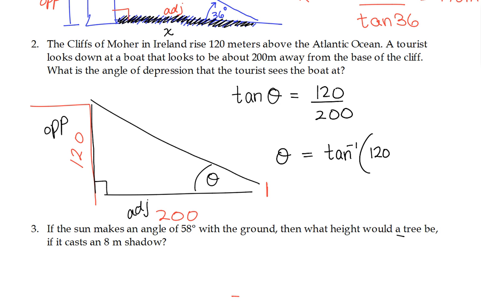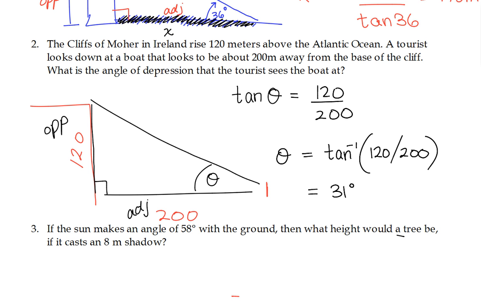In some calculators, you're going to need a bracket. 120 divided by 200. It'll prompt the bracket for you. Did you guys get 31 degrees? 30.96, right? Degrees are pretty accurate, so you can go to a whole degree.